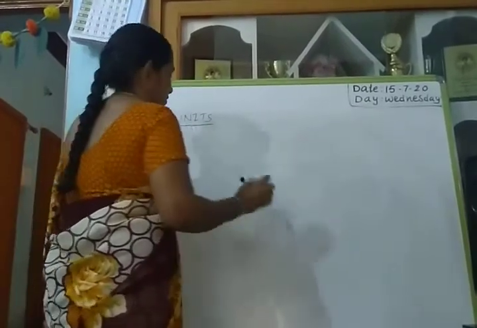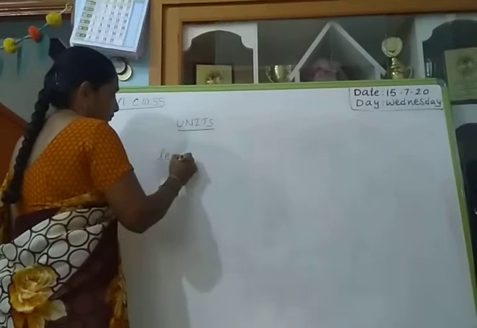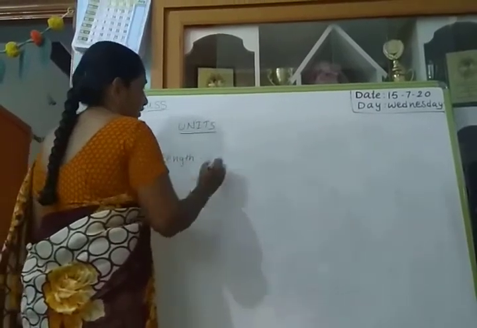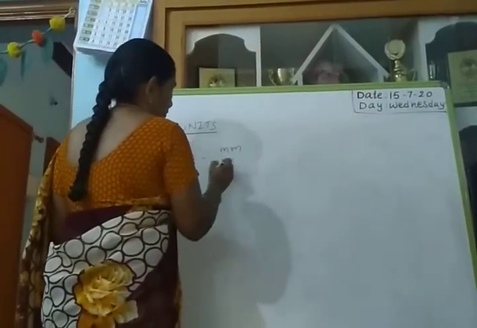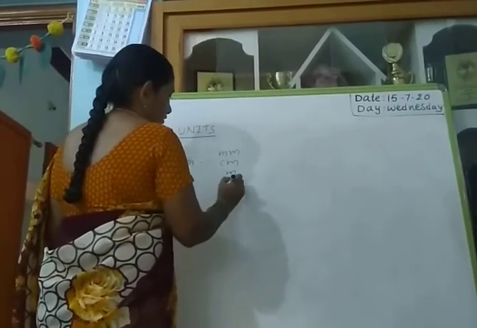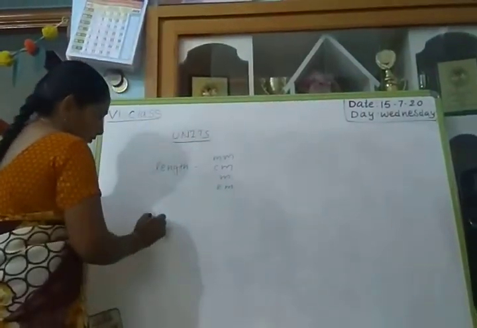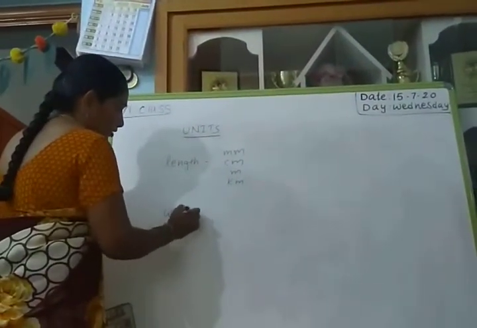Units and measurements. To measure length we have some units. What are those units? Millimeter, centimeter, meter, kilometer. Next, we measure weight or mass.